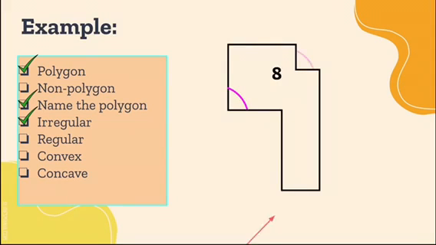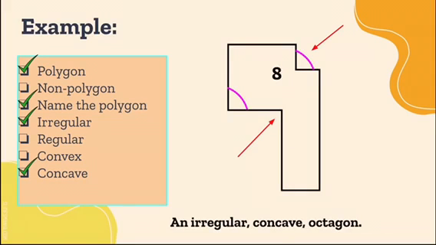Well, I can see from this spot and this spot where the arrows are pointing that there are angles pointing inwards that you can take a pizza slice out of, remember? So this is concave. So therefore, we can call this a polygon first, and then an irregular concave octagon.